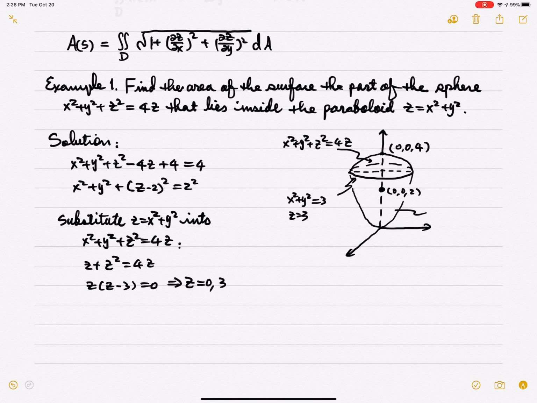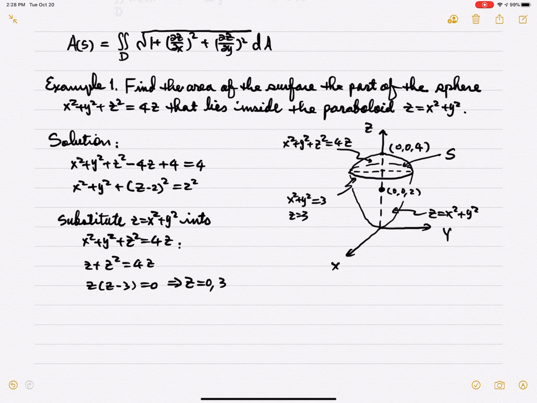And at the bottom, this is z equal to x squared plus y squared. So this is the x, this is the y, this is z. So the surface we're looking for is this. This is the S. Let's say it's inside of the paraboloid.